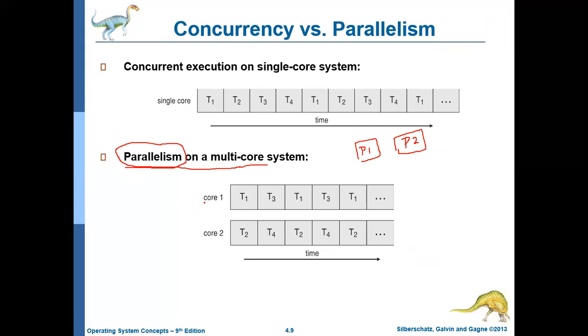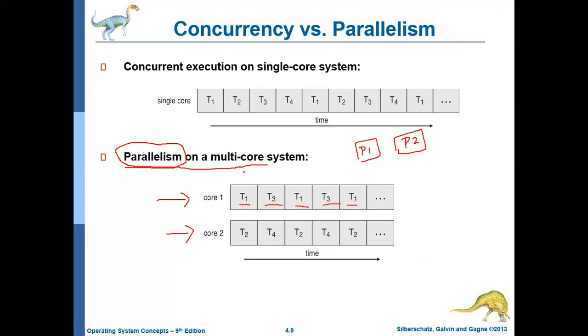So that is what this diagram shows. Here you have two cores, core 1 and core 2. And we have four threads, T1, T2, T3 and T4. Core 1 is executing thread 1 and thread 3.